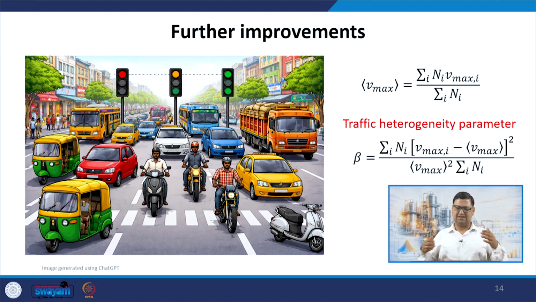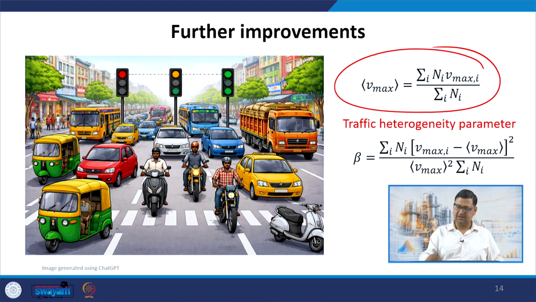So let us say the same road is being used by a car that can go very fast, but also an auto that cannot go very fast, or an e-rickshaw that has a limit on the speed it can reach. Many times we need to consider the velocity of the slow-moving vehicles on the road, right? So one way to do that is to define some kind of an average maximum velocity of all the vehicles on the road.